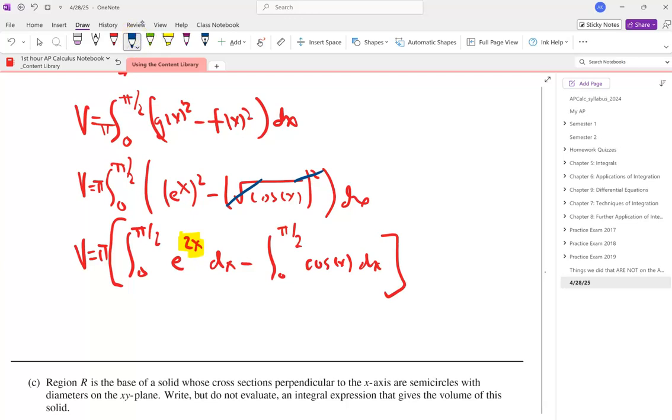So I'm going to need to do a u sub here, because I noticed that I have like a composition of two functions. Whenever I'm trying to integrate a composition of two functions, typically the u sub is going to be the way to go. So again, the 2x would be my u. I take the derivative of both sides and then solve for dx, and I get du over 2.